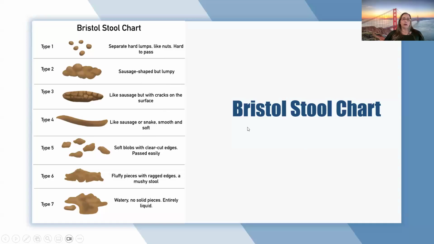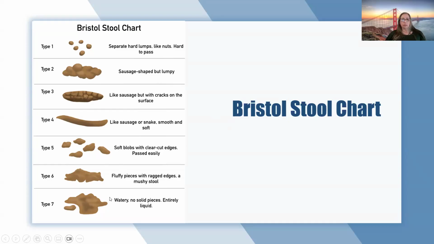One way we look at bowel movements to assess if someone might be having constipation or not is using the Bristol stool chart. Now, I know we've looked at this before, and it's a great chart. I don't know who invented it, Bristol, I guess, but they were pretty smart.